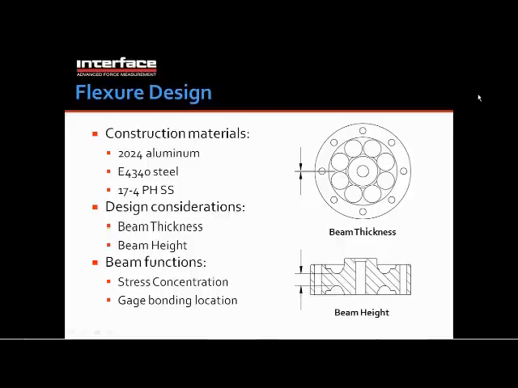So by careful calculation of those dimensions, what we do is we make those areas around the flexure the weakest part in a flexure. What that does, it concentrates the stresses in those beams, which make them the ideal location for strain gauge bonding on a flexure.